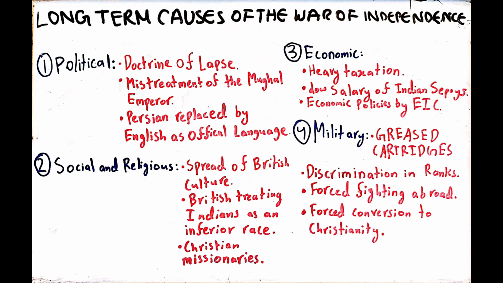It was rumored that the cartridge was covered in grease made from the fat of both cows and pigs, and the Indian sepoys, Muslims and Hindus, were all angry at this, and they refused to use these new cartridges. So this was the most immediate cause of the War of Independence. That's it.